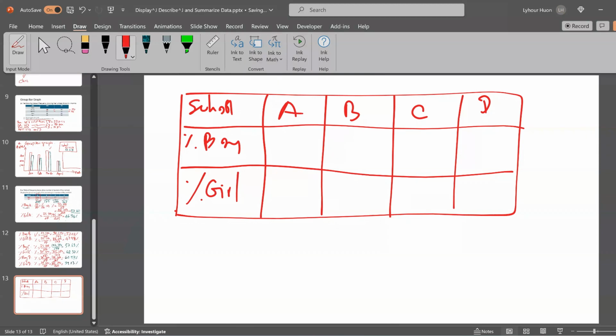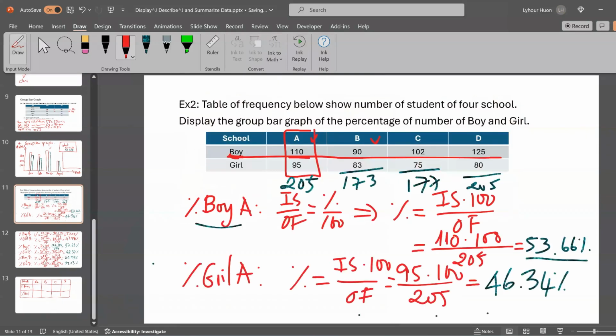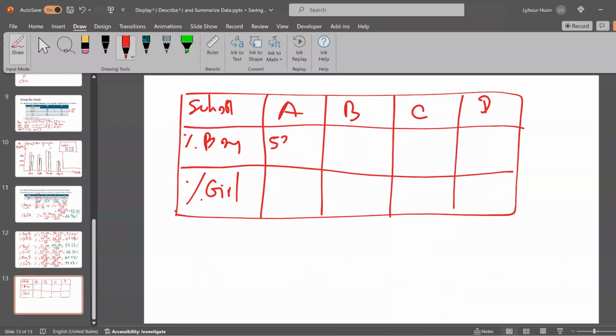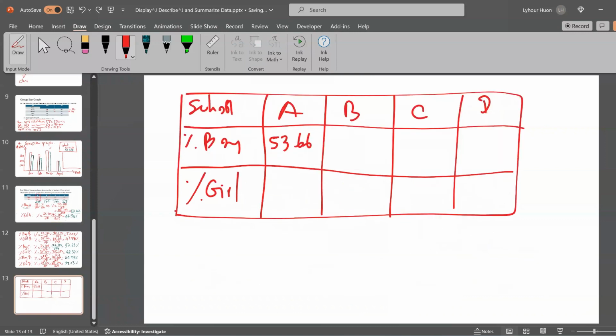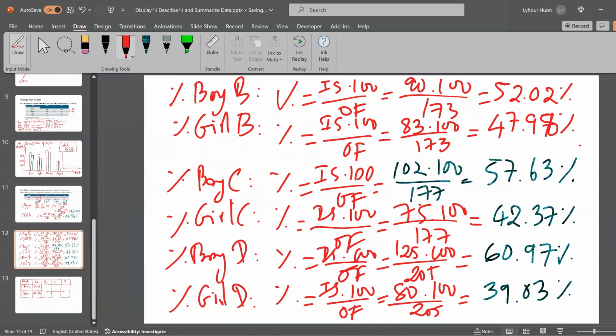For A, 53.66%, and for girls 46.34. For B, it will be 50.